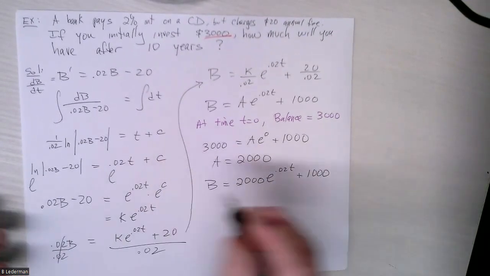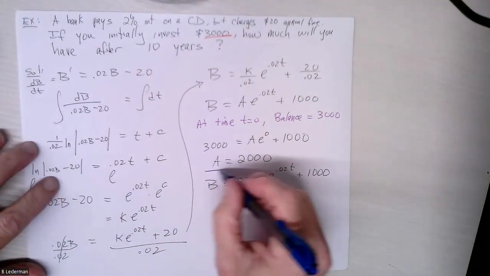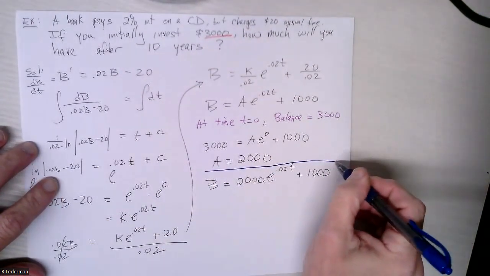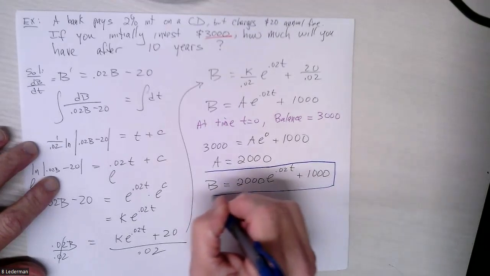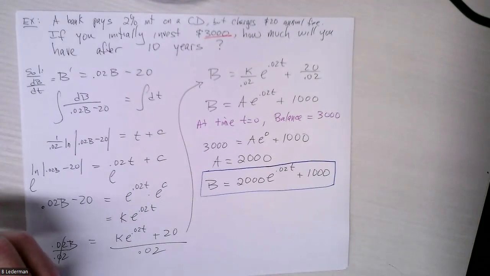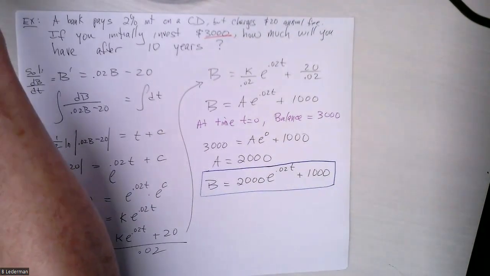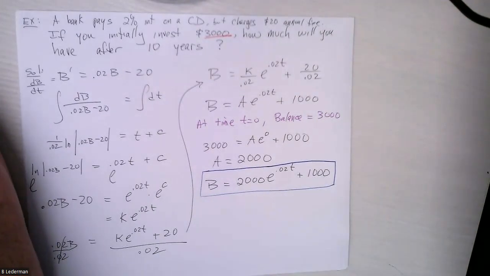That's my formula for b, for the balance in terms of time. Now that I have the formula, all I got to do is plug in t equals 10 and crunch it on a calculator to find how much money I'm going to have.